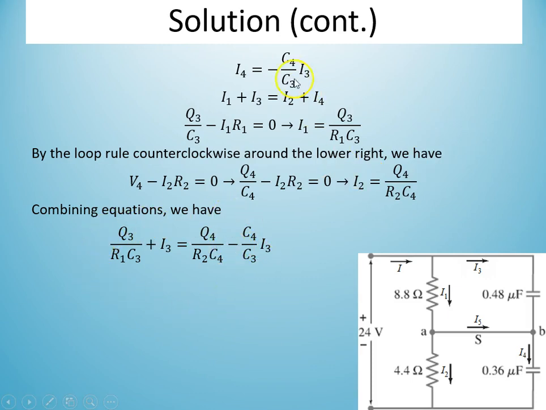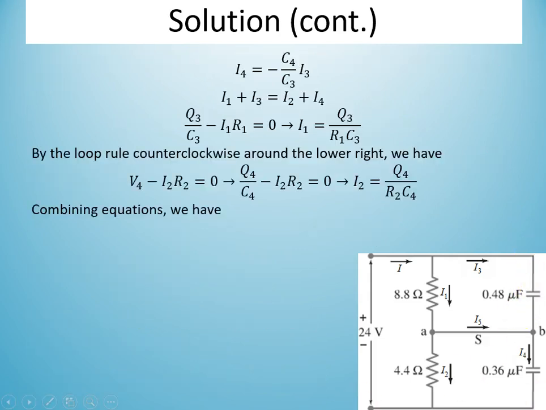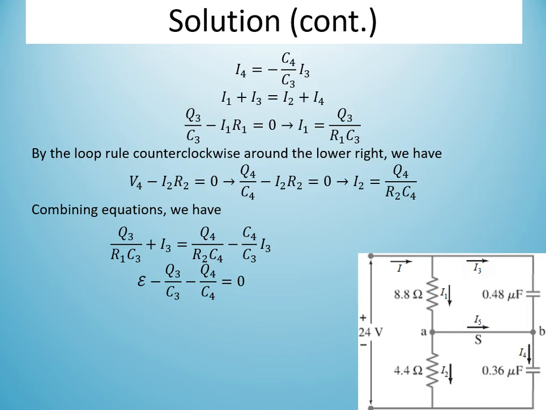And we're also going to plug in what we got for this current I4 from before, as a result of the fact that, just going back to this slide right here, from our big overall loop rule just from the two capacitors there. So we're going to plug that in.